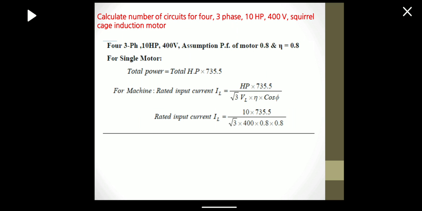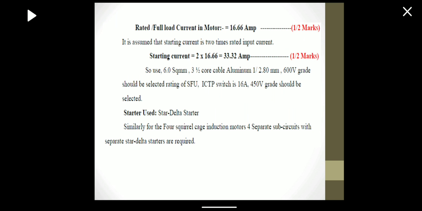10 HP motor: 735.5 multiplied with 10 divided by root 3 into 400 into 0.8 into 0.8. So we calculate the rated or full load current of the motor is 16.66 ampere. It is assumed that the starting current is 2 times the rated current.